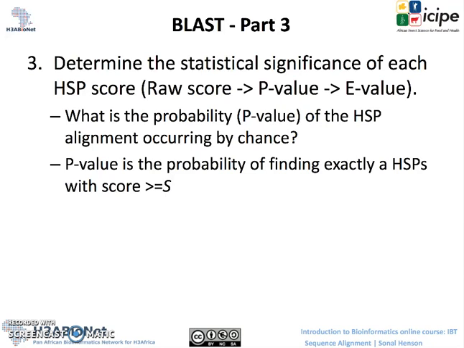Next, BLAST assesses the statistical significance of each HSP score, to determine the probability of the HSP alignment occurring by chance, and in biological terms to determine that two sequences are descended from the same common ancestor. To analyze how high a score is likely to arise by chance, a model of random sequences is needed.